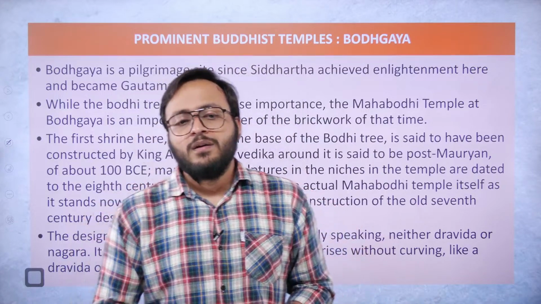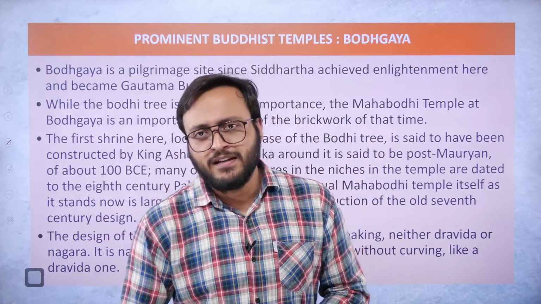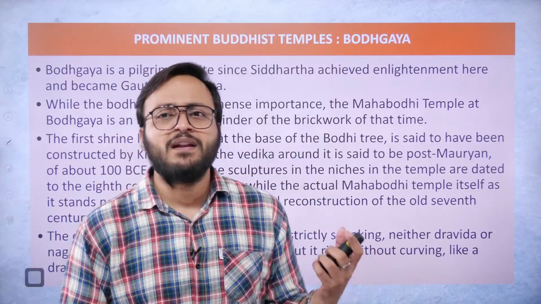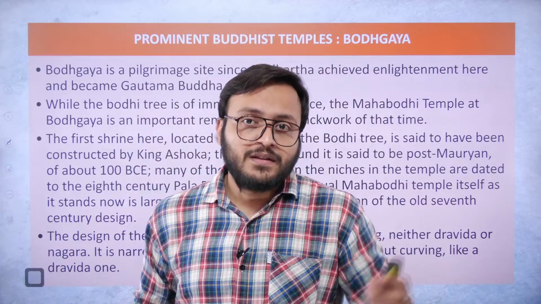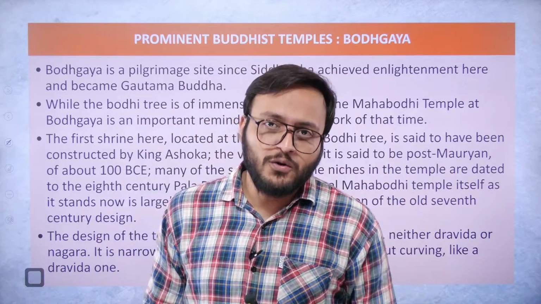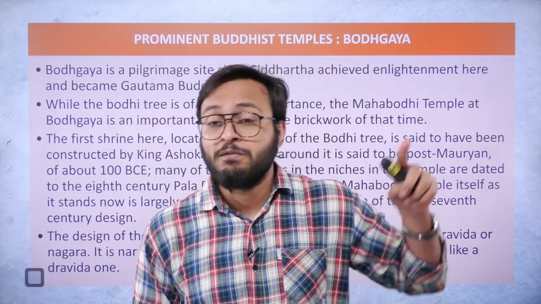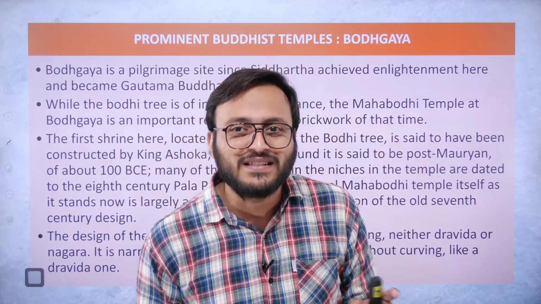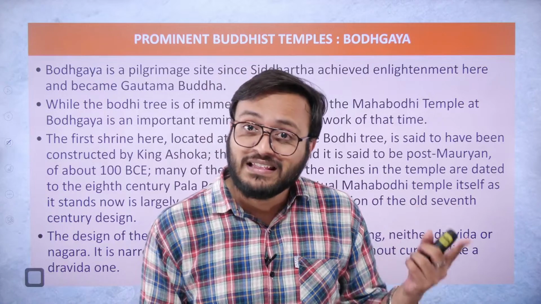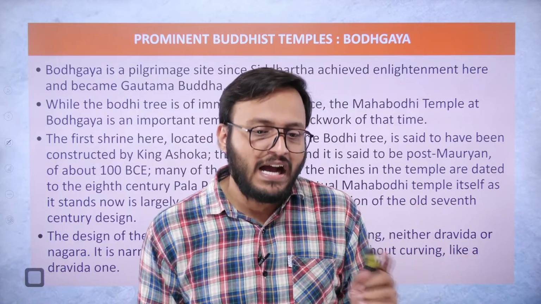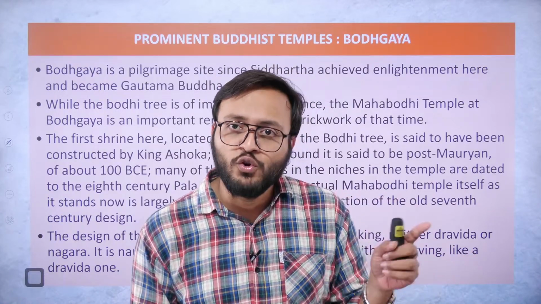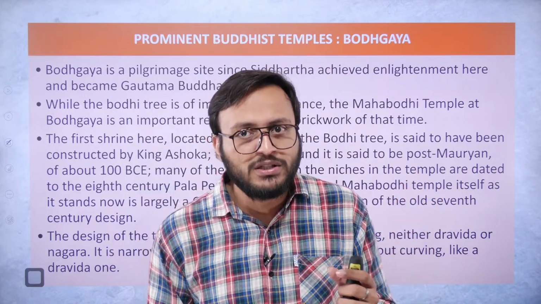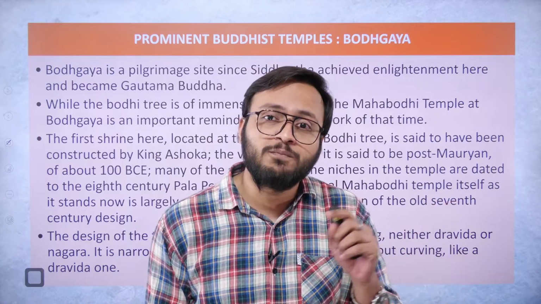Now, moving to some of the prominent Buddhist sites. As we are all aware, prominent Buddhist sites were primarily developed as temples since the beginning of the Gupta period, because before the Gupta period there was the construction of stupas, not temples, chaityas, not temples, and viharas, not temples. Stupa, chaitya, vihara were the more common and prominent Buddhist structures before the Gupta period.